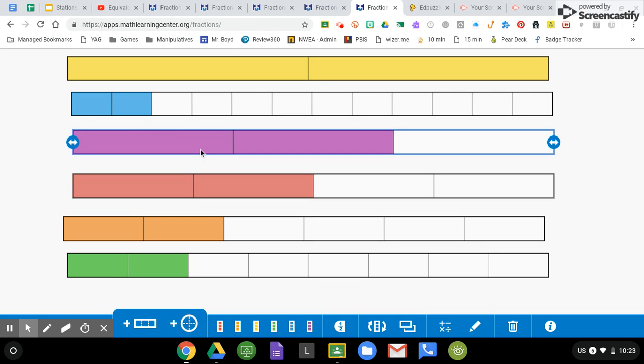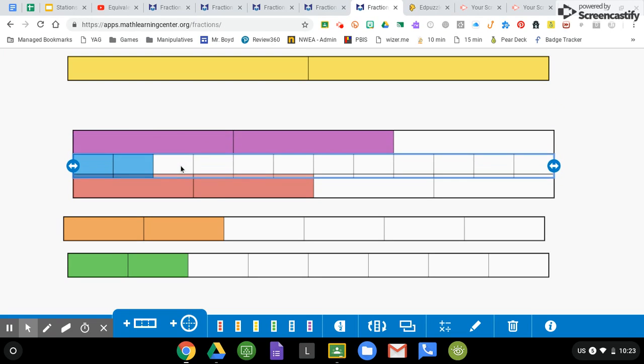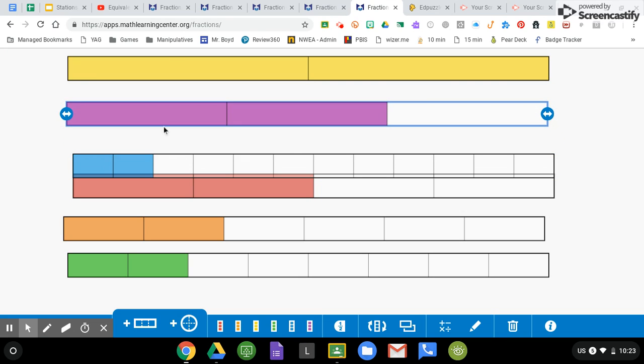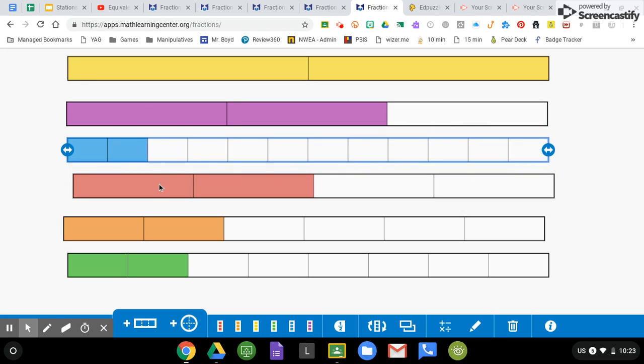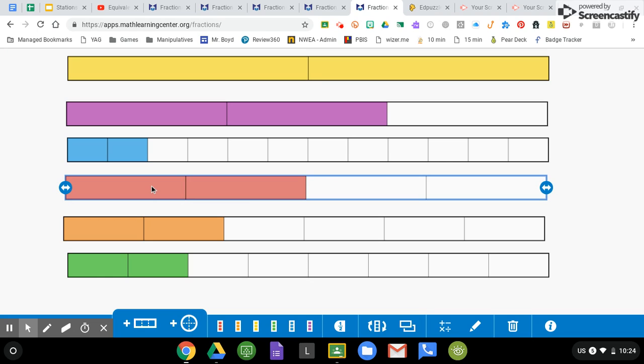Alright, we'll move it to the top, scoot these others on down. What's the next largest piece shaded? Is it the purple or red? I say purple. What comes after purple? Blue? Nah, gotta be red.